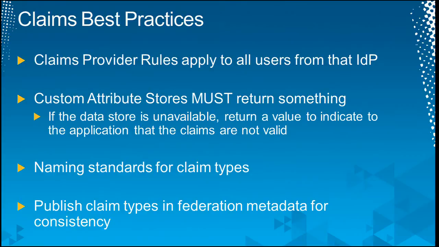When you define a rule on a claims provider trust, that rule applies to every single user who authenticates using that claims provider. Kind of sounds logical when you say it out loud, until you think about the relying party application that wants to attach a custom attribute store to the Active Directory claims provider trust.